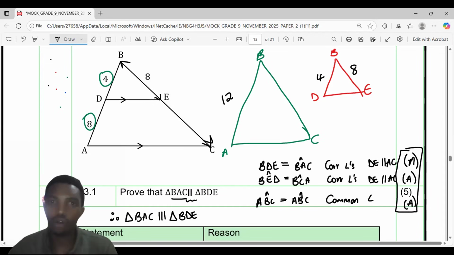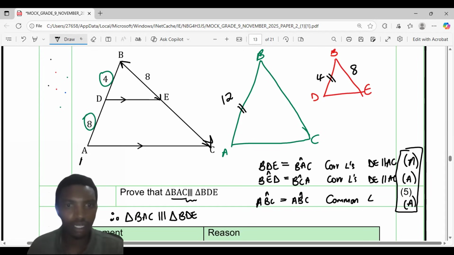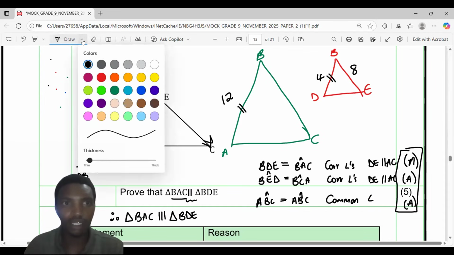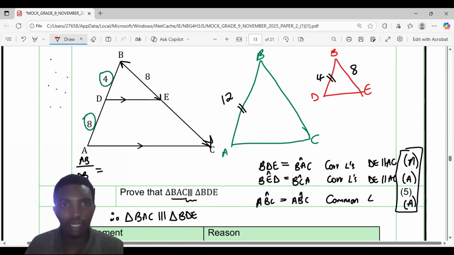Yes. But we also know that this side corresponds with that one. So when we say AB over DB, it will be equal to the other sides, which are BC over BE.